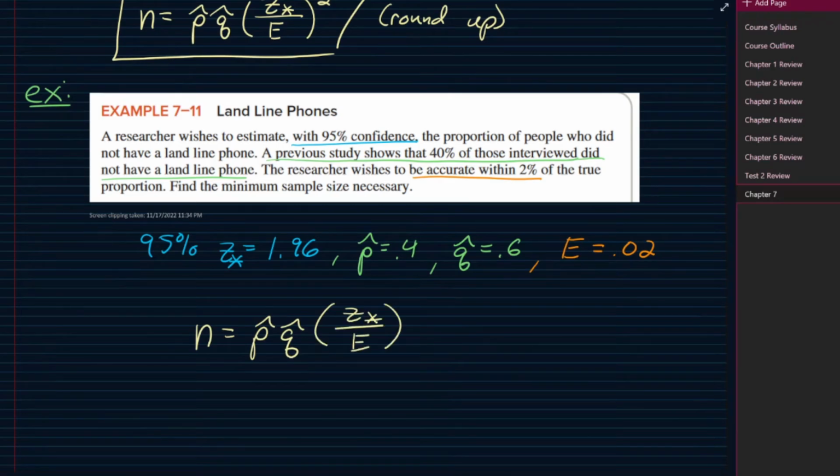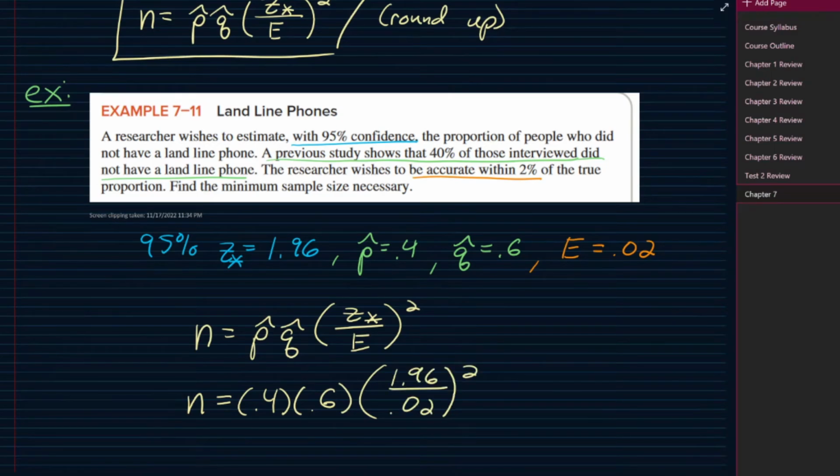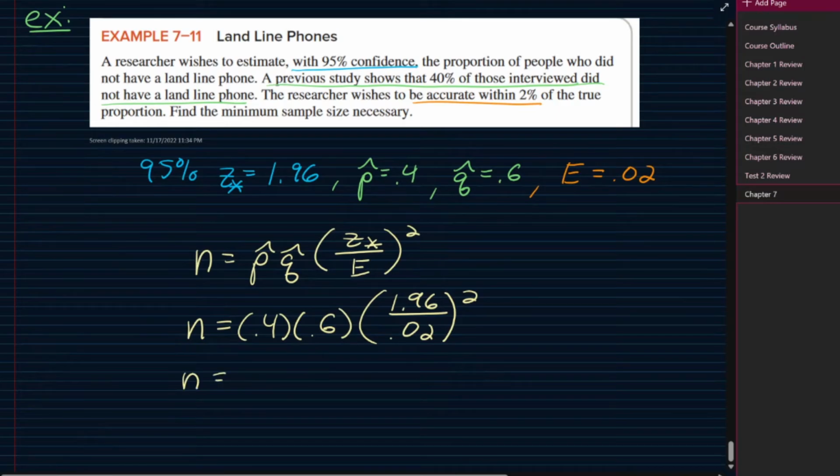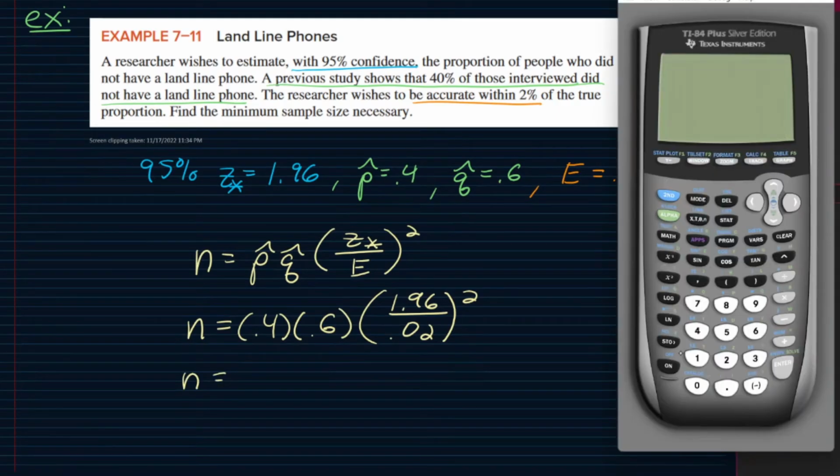So we'll get here 0.4 times 0.6 times 1.96 over 0.02 squared, whatever the heck this number is, and then we round it up. 0.4 times 0.6 times 1.96 divided by 0.02 squared.